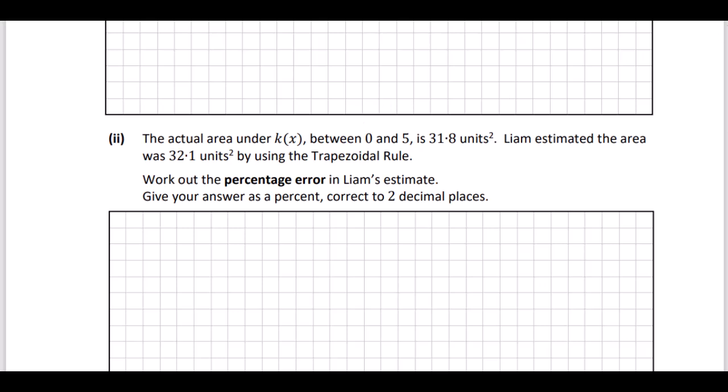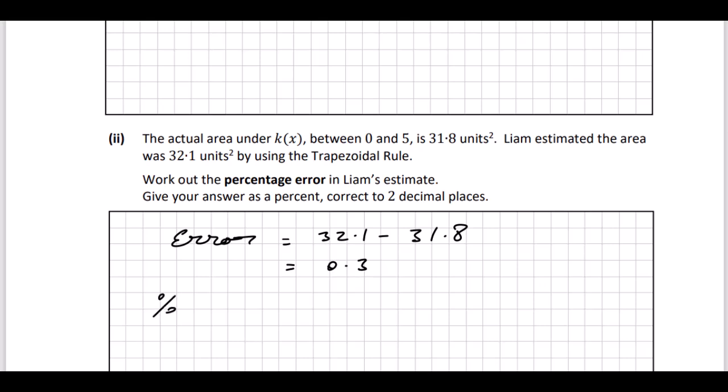The actual area under k of x between 0 and 5 is 31.8. So that's the accurate area if you were to do it accurately. Liam estimated the area was 32.1 using the trapezoidal rule. Work out the percentage error. So the first thing you do is work out the error. You take the 32.1 and you subtract 31.8, and that gives you the difference between the accurate value and the approximate value, which is 0.3.